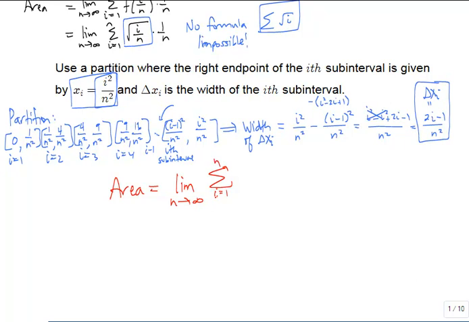These are going to generate our n different rectangles, and we want the heights of our rectangles to be determined by the function at this right endpoint. So I'm using i squared over n squared as my right endpoint formula. And then I need to multiply these by each of those widths, and they're changing. So I don't have just a nice little simple formula like 1 over n for that. I have to use this for that formula. So let's go ahead and plug that in.